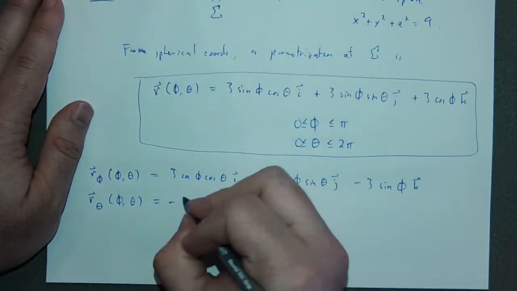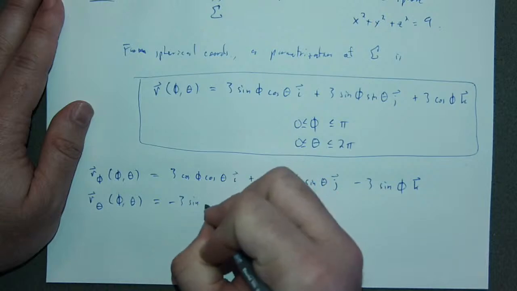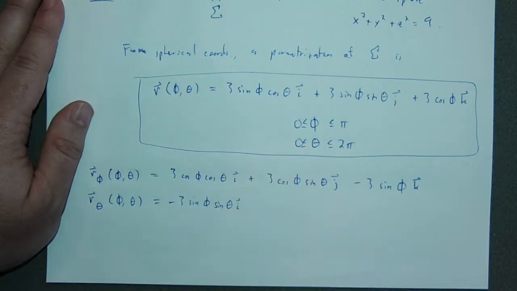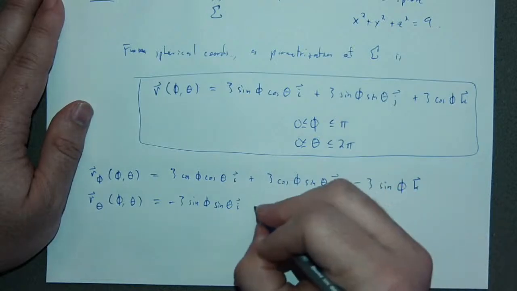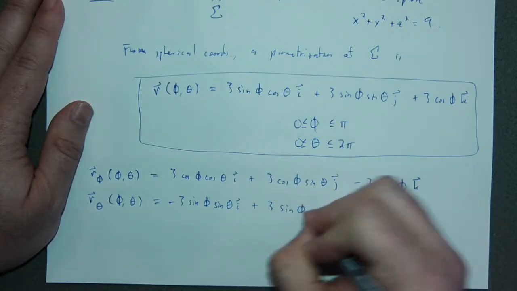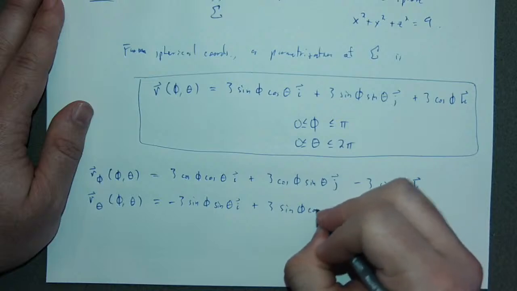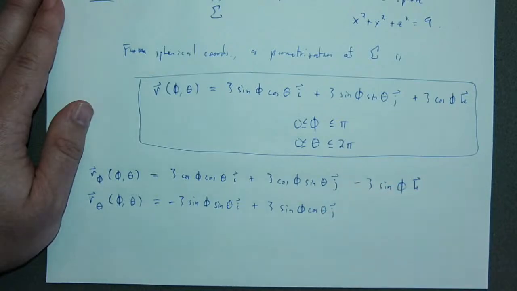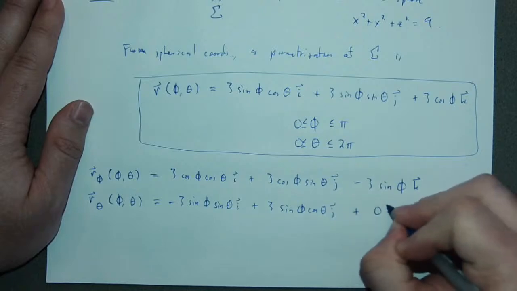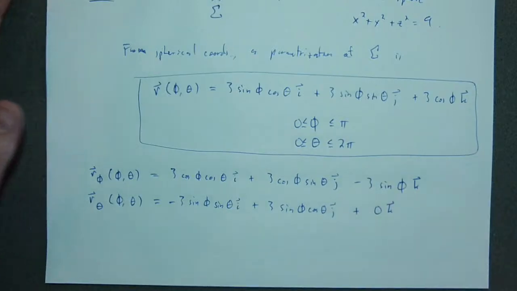This is minus 3 sine phi sine theta i plus 3 sine phi cosine theta j plus 0 k, since this does not depend on theta at all.